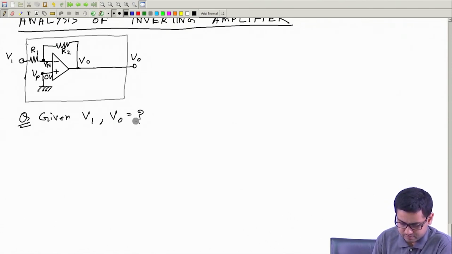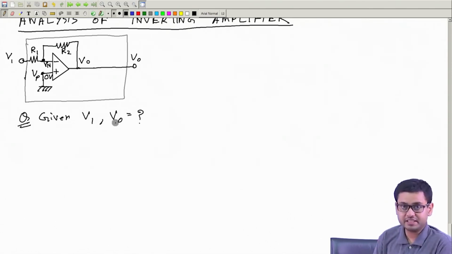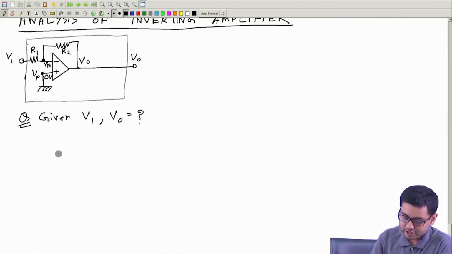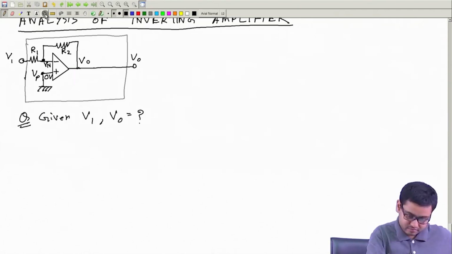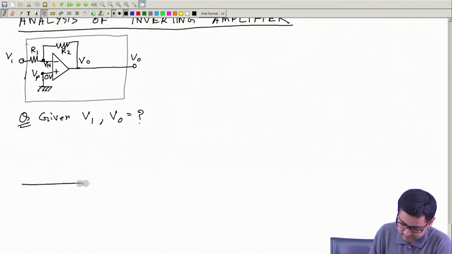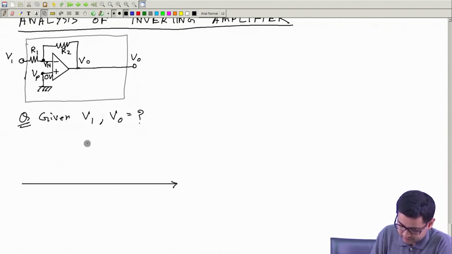We need the static characteristic, that is the input-output relationship. So where is that? Let me draw it. This is the static characteristic, output versus input. Input is Vp minus Vn.